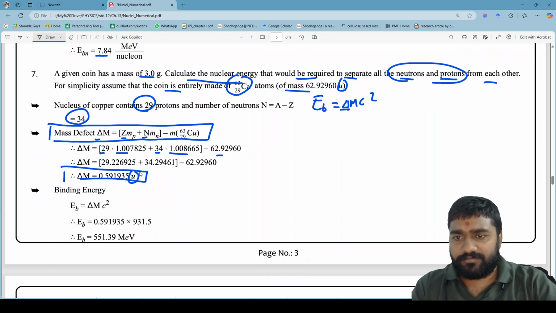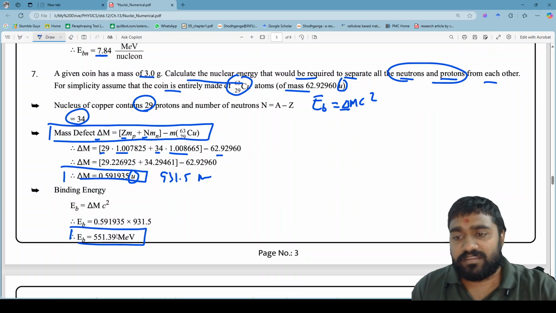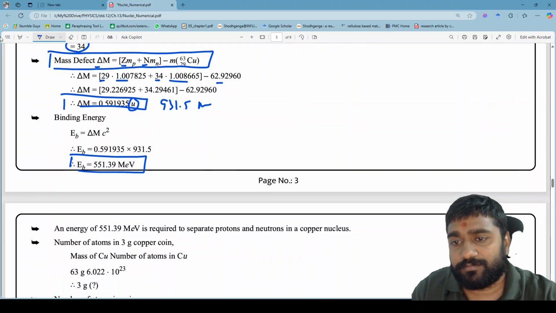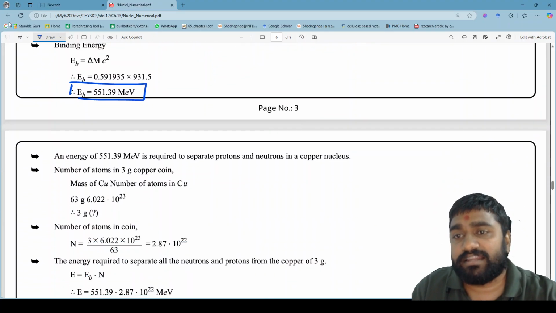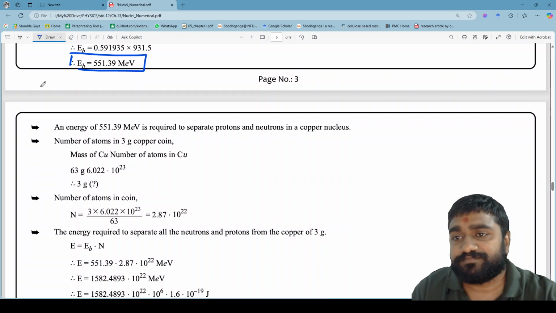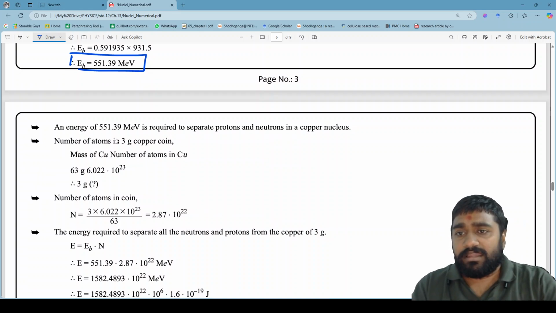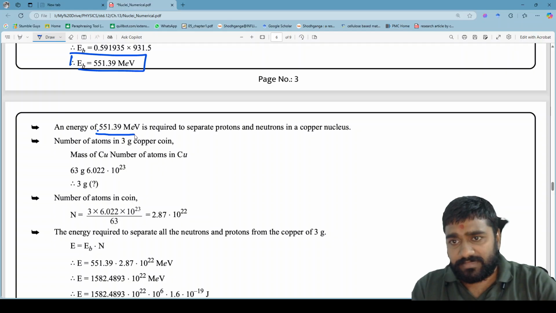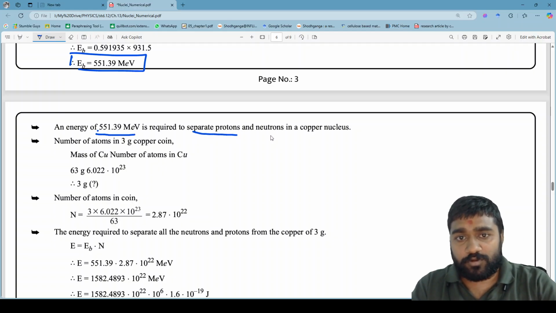Again, if delta m is in atomic mass unit, then we'll multiply with 931.5 mega electron volt. So after multiplication we'll get 551.39 mega electron volt.